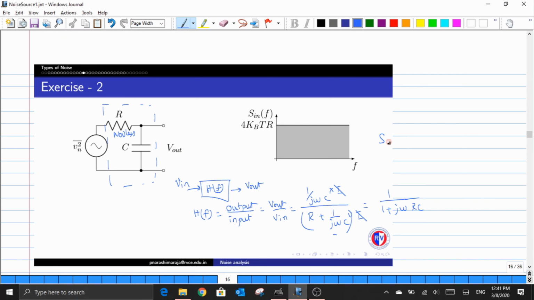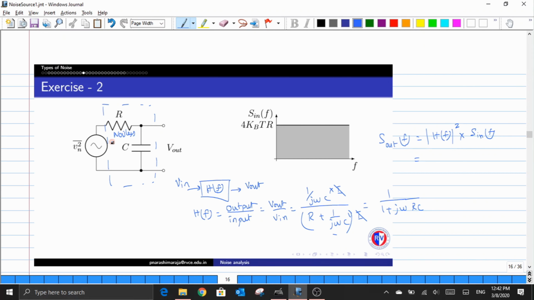Since we have both input and output in terms of voltage noise sources, rather than writing the output noise source as S sub V, I will use S sub out of F, and the input power spectral density as S sub in of F. One could make use of the spectrum shaping property, which is defined as the modulus of the transfer function squared times the input power spectral density S sub in of F.